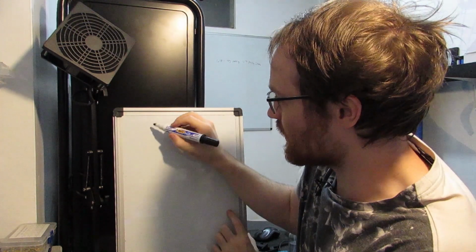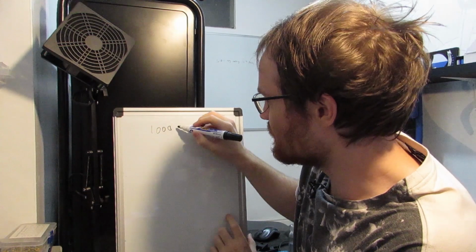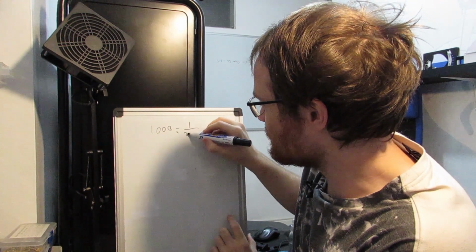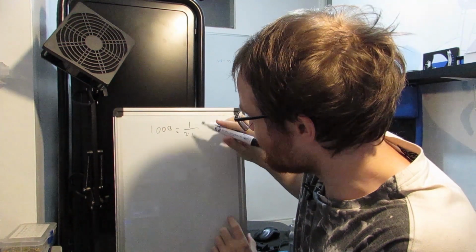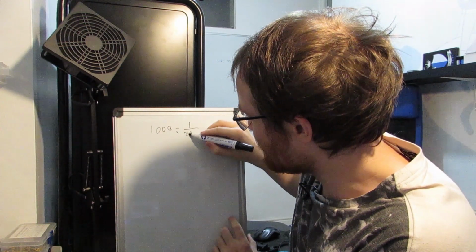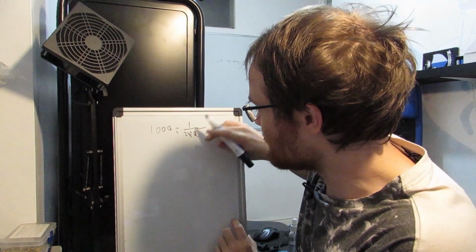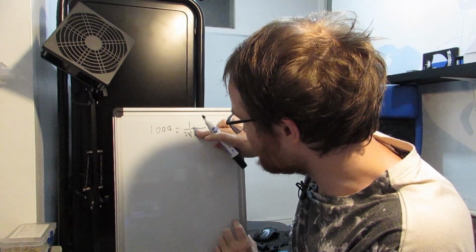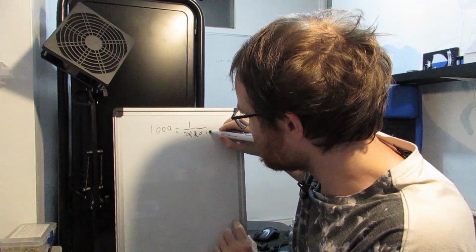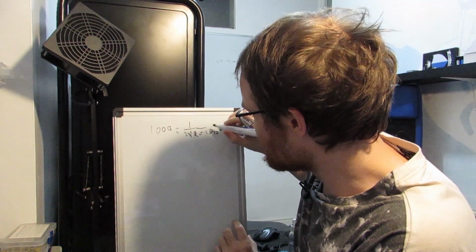Okay, so we know we've got 1k, so that's 1000 equals 1 over 2 pi R C. And we know C now to be 0.1 times 10 to the minus 6. 10 to the minus 6 because it's microfarads, remember.